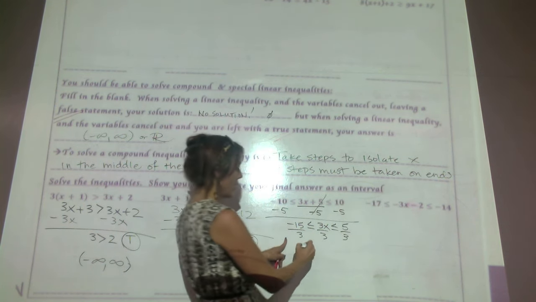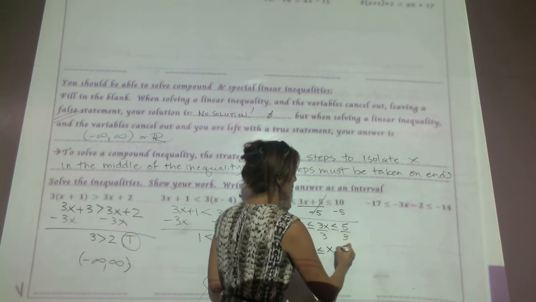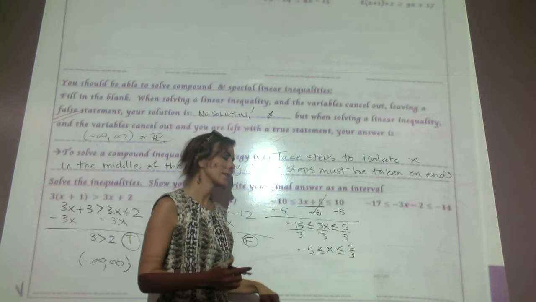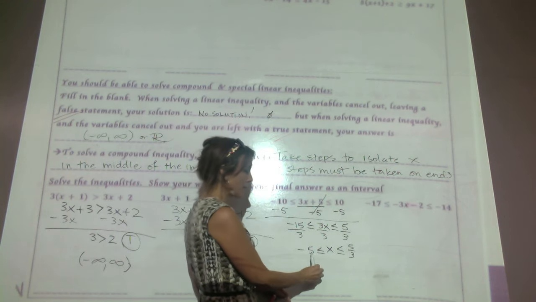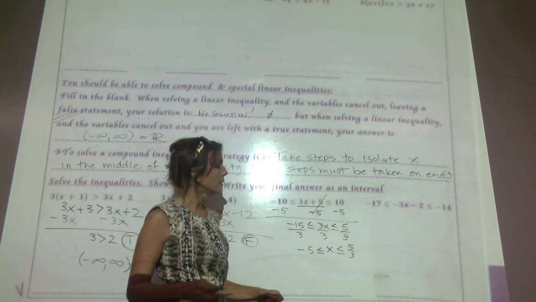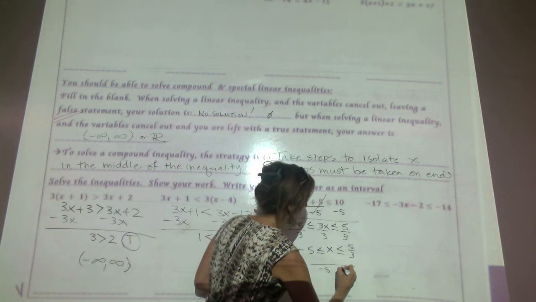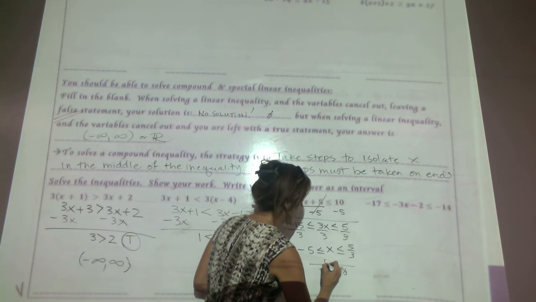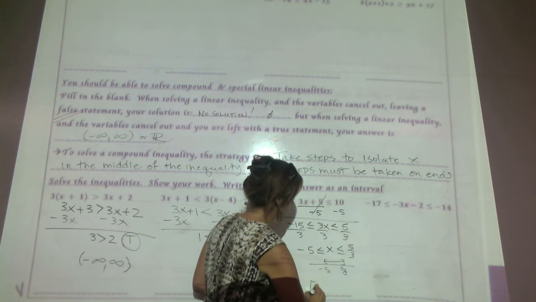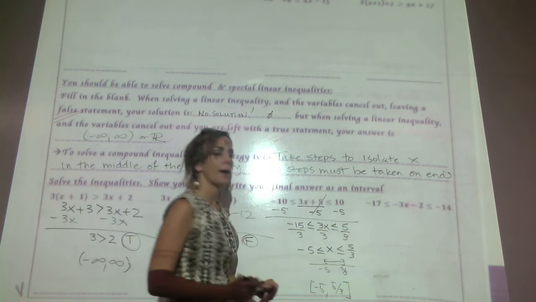And then we see that negative 5 is less than or equal to x, which is less than or equal to 5/3. What this really says is our solution set is everything between negative 5 and 5/3, including those endpoints. So on a number line, we would have negative 5 and 5/3, and everything in between included. So negative 5 to 5/3 would be our solution set.